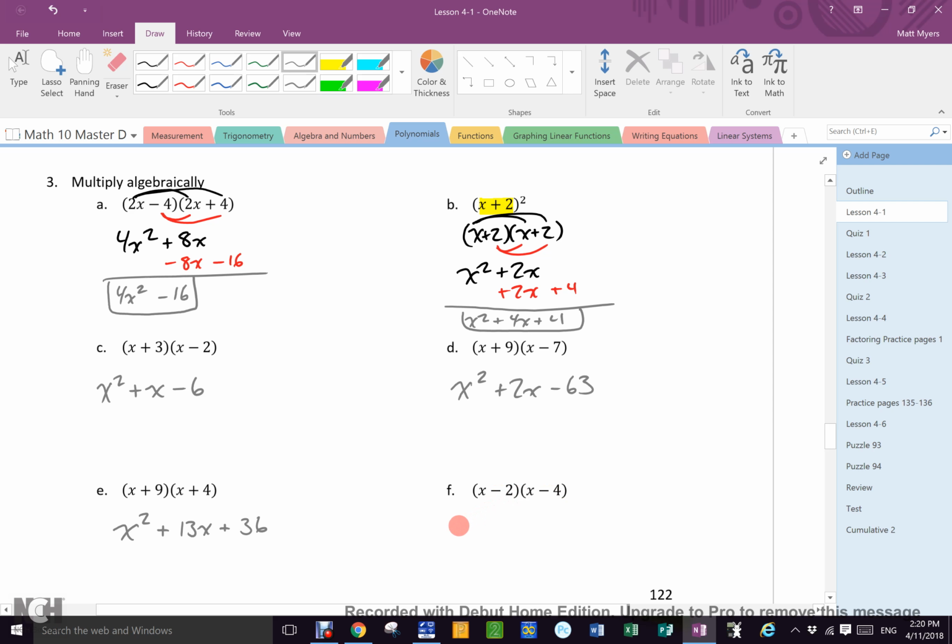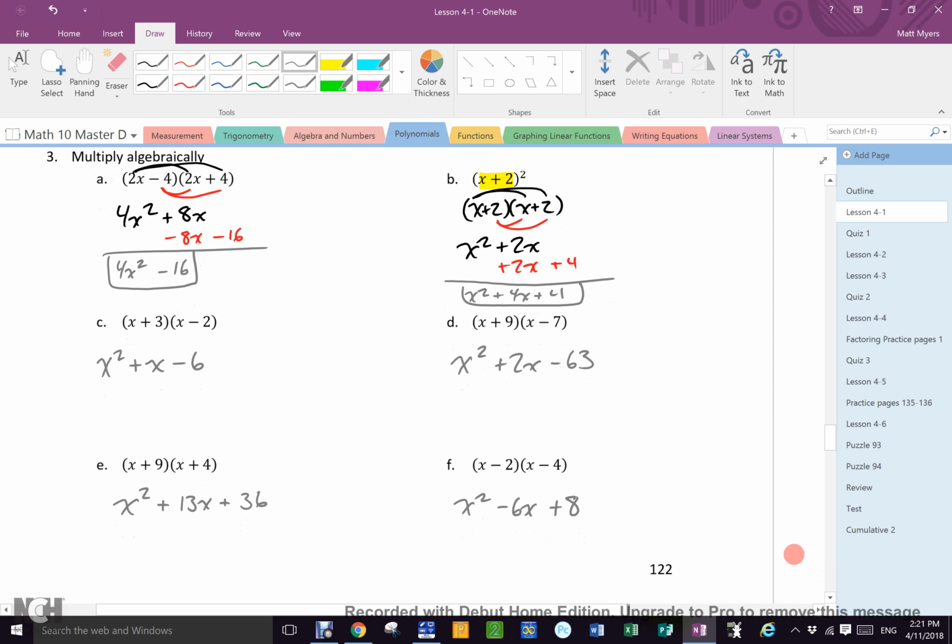And lastly, x squared, negative 2 minus 4. Negative 6x. Negative 2 times negative 4. Positive 8. And that's all the right answers to 122. You do 123 for homework.